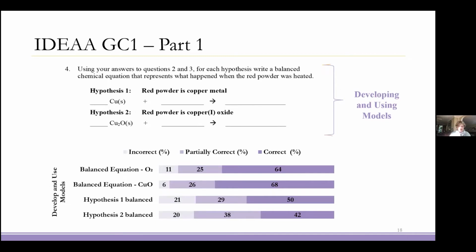As a colleague of mine said, it was very interesting to me as a researcher, but in terms of an educational process, it was too complicated for grading and scoring effectively. So for balancing equations, they pretty much put O2. If they got partial credit, it was monatomic. They put the copper(II) oxide as the product. The second hypothesis is actually harder to balance, and so that explains the difference there.